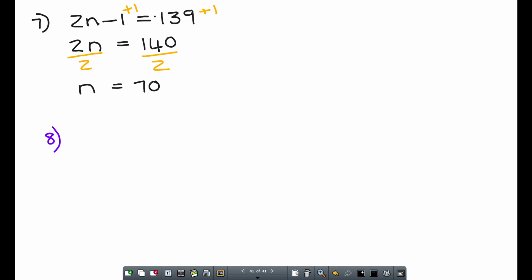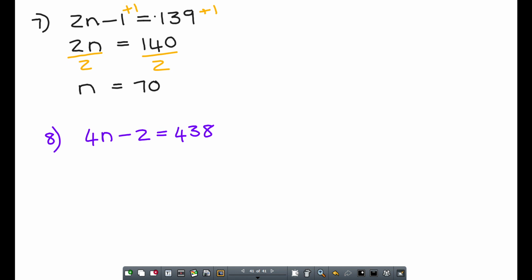Number 8 says, which design will contain 438 discs? So now we're working with the formula of the discs again. So I'm going to say 4n minus 2, and that must be equal to 438. You guys fine with that? I would now write that other step.